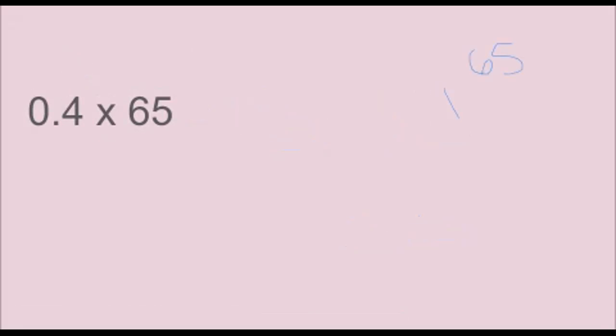And to do that, you're just going to pretend that you're doing 65 times 4. You could do it like this, or you could set it up like a box. Like that. But our answer is not going to be 260 because we're not doing 65 times 4.